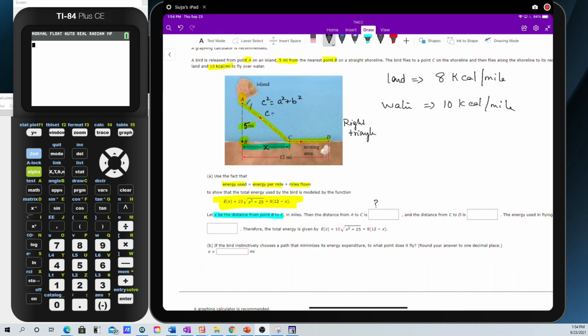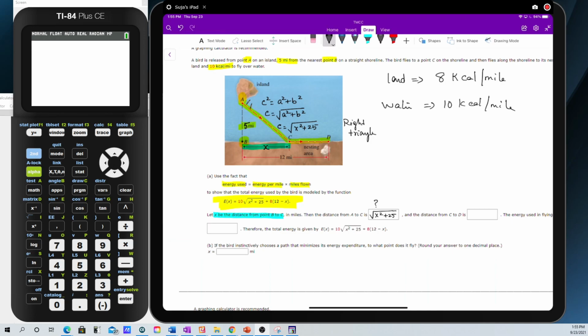Pythagorean theorem. So therefore c would be square root of a squared plus b squared. Now a could be x and b could be 5, or b could be 5 and a could be x. Either way, it's going to be square root of x squared plus 5 squared, which is 25. And that is what this should be, square root of x squared plus 25.